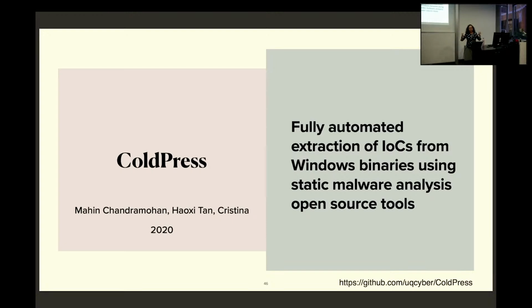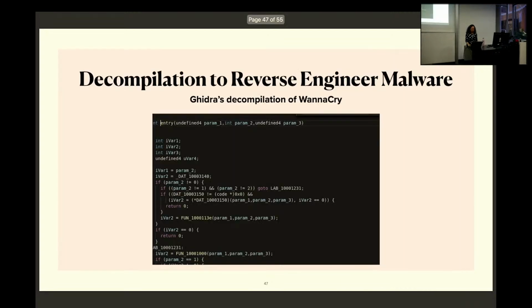Mahin and I came with the ideas as to how certain things could be done. The idea here is how can we fully automatically extract indicators of compromise from Windows binaries, using various different techniques. The implementation itself made use of the Ghidra decompiler.